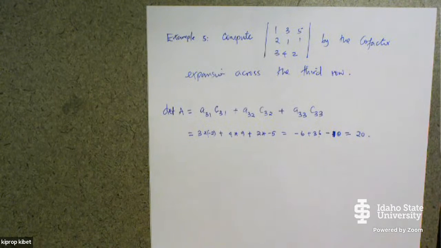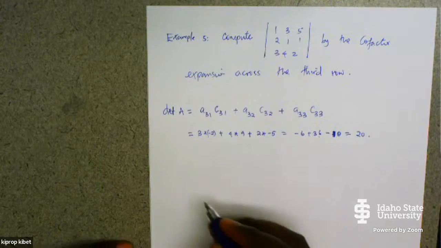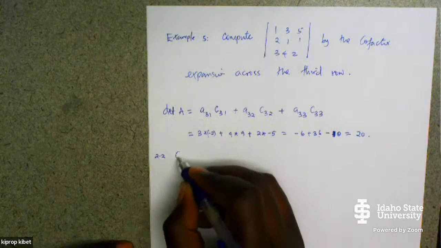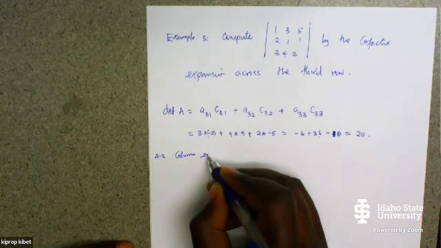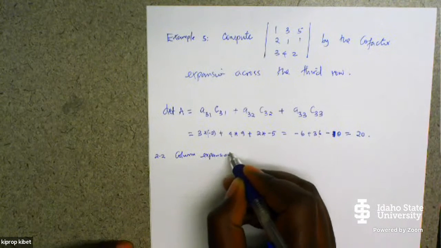Now, what about when you use a column? So 2.2, the column expansion. Same thing.